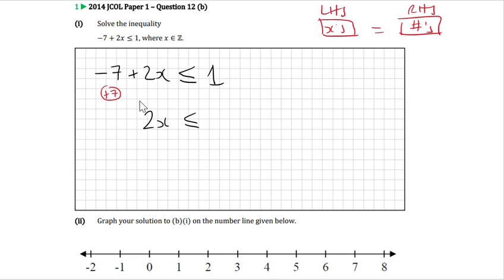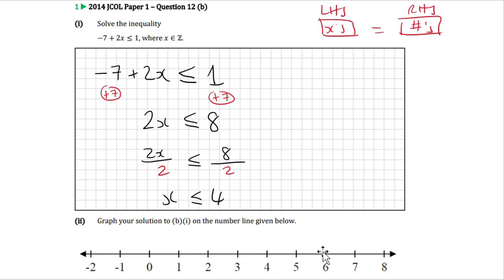Now if I add 7 to one side, I must add 7 to the other. So 7 and 1 is 8, and that's it balanced out. Like before, we've 2 footballs less than or equal to 8. I'm now going to divide by 2 to give me my 1 football, and if I divide one side by 2, I must divide the other side by 2 as well. And we get an answer of 4.